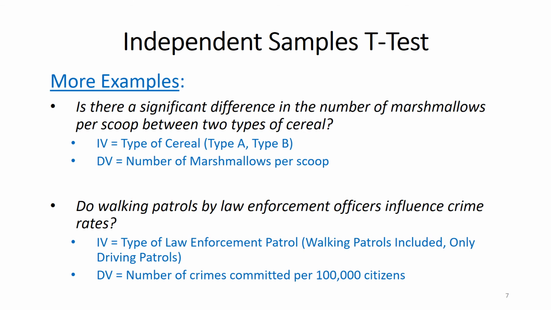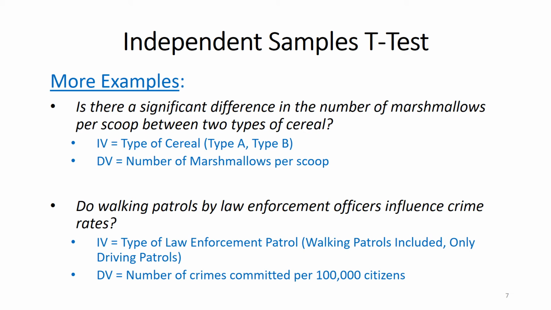The second would be our control group. The second says, oh no, this is just good old-fashioned cops doing their drive-bys and driving patrols and riding around in their cruisers, looking out their windows, et cetera, right? So we've set it up where we have 2 examples of law enforcement strategy. One that includes walking patrols, a second that only includes driving patrols.